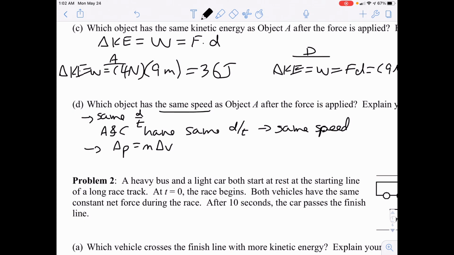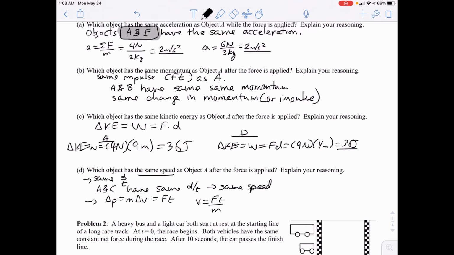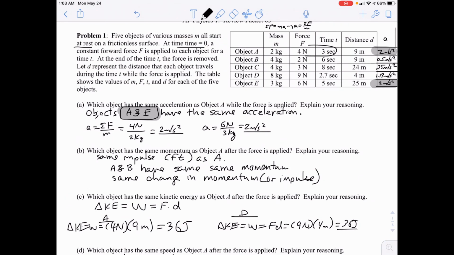That's what I kind of want to know, is which ones have the same speed after that certain amount of time, so it's have the same change in velocity, which is force times time. So force times time, the change in velocity, is equal to force times time divided by the mass.